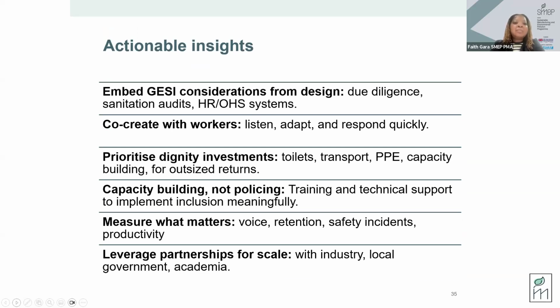Structured inclusion and risk mitigation plans should be mandatory, explicitly addressing gender inequality, inclusion, informality, and community impact. Minimum standards such as sanitation, PPE, fair pay, and gender-specific needs and risks must be non-negotiable from day one. Capacity-centered support is essential so businesses can operationalize inclusion in practice.